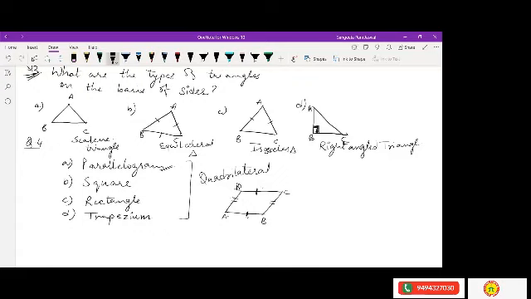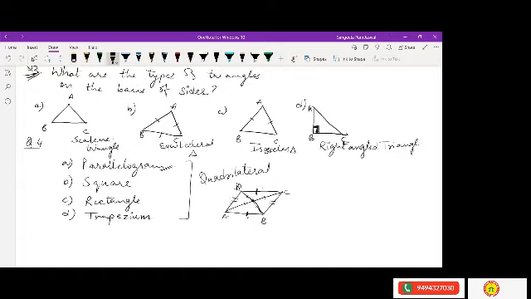And what about diagonals? See here, these are the diagonals. Diagonals mean when you join opposite vertices. The diagonals bisect each other. Bisect means they cut each other into two equal parts. The diagonals bisect one another.